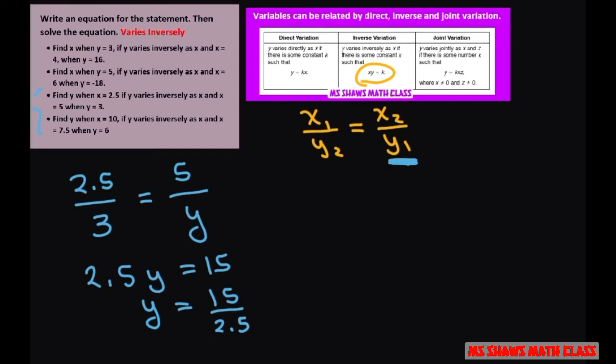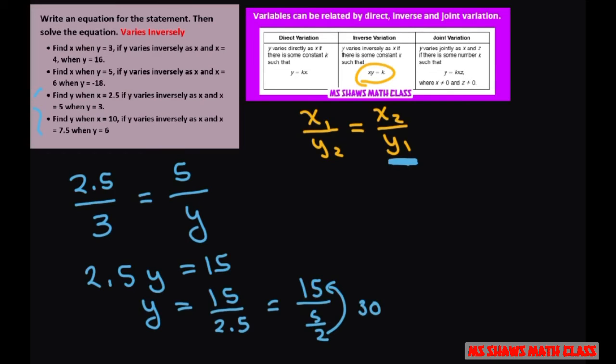All right. And if you want to really reduce this, this would be 15, and 2.5 is 2 plus 1/2, which is going to be 5/2. And all you have to do is multiply those two.